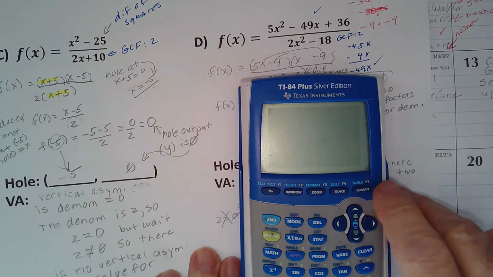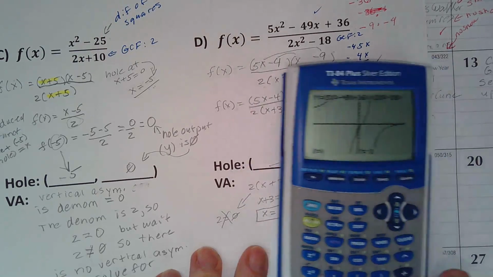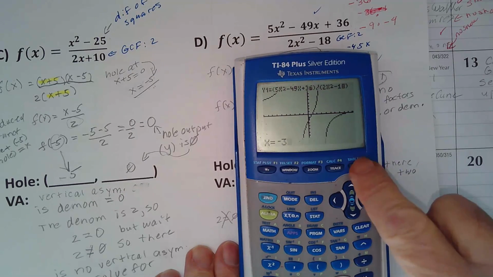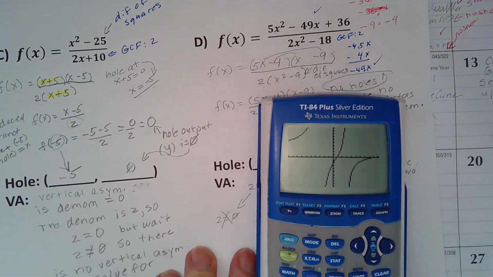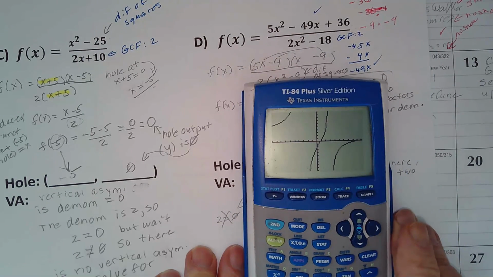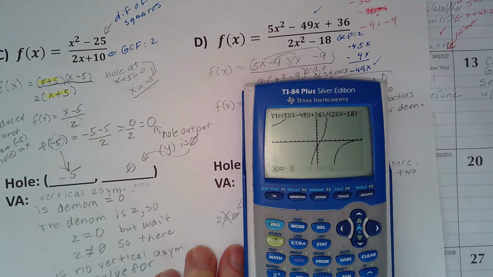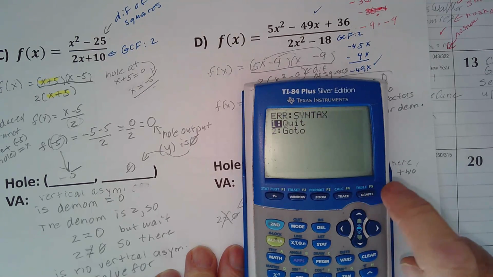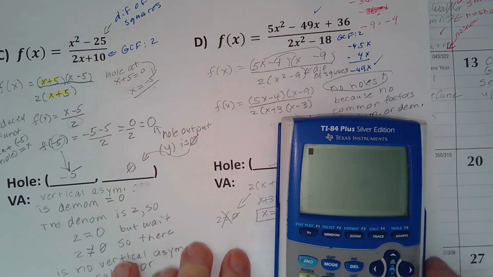Let's see if it'll let me do it. Trace, and I'm going to put in negative 3 again. Nope, didn't want to do it that way. Well, in any event, for some reason it's not working at the moment. I'm going to clear that.